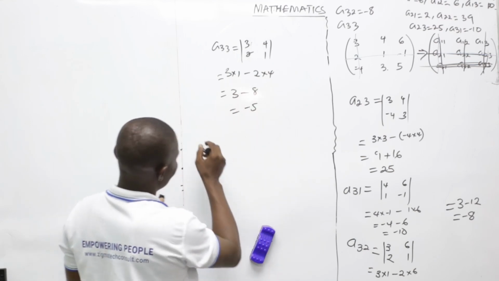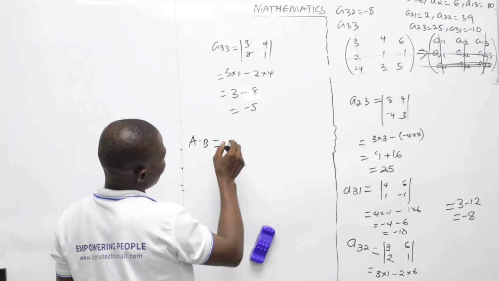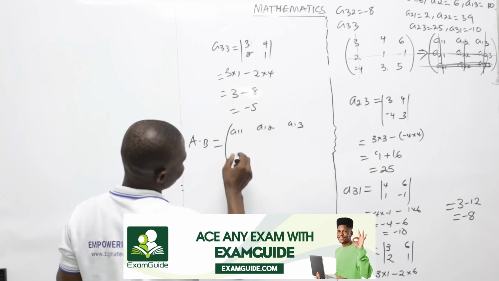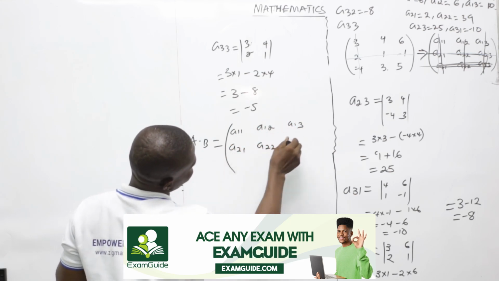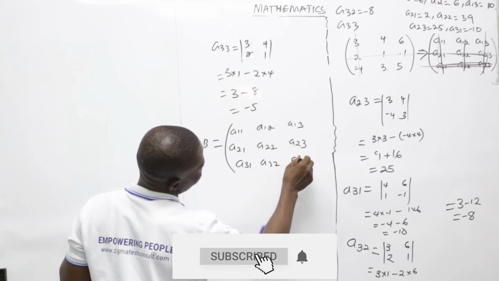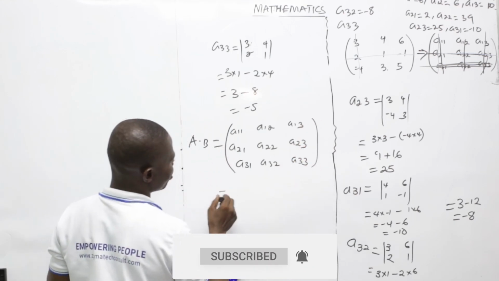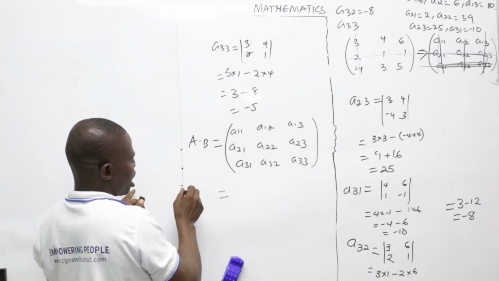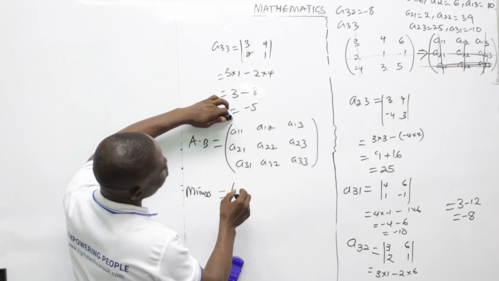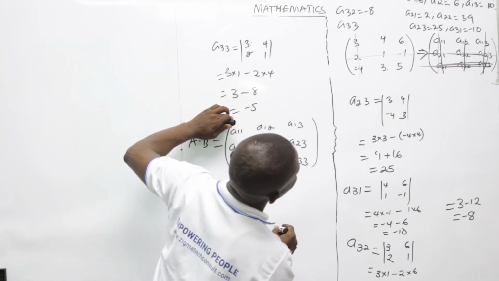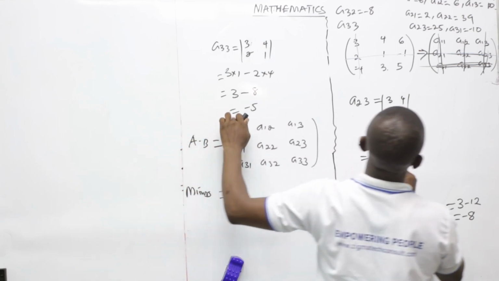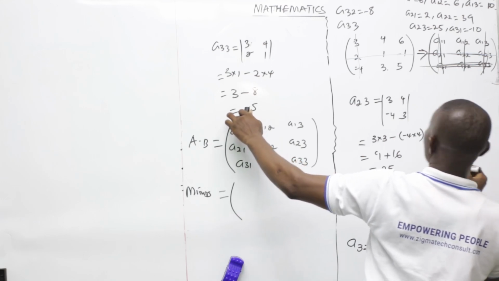Hence, A dot B equals what? A11, A12, A13, A21, A22, A23, A31, A32, A33, to give us the matrix of minors. What is A11? A11 is 8.